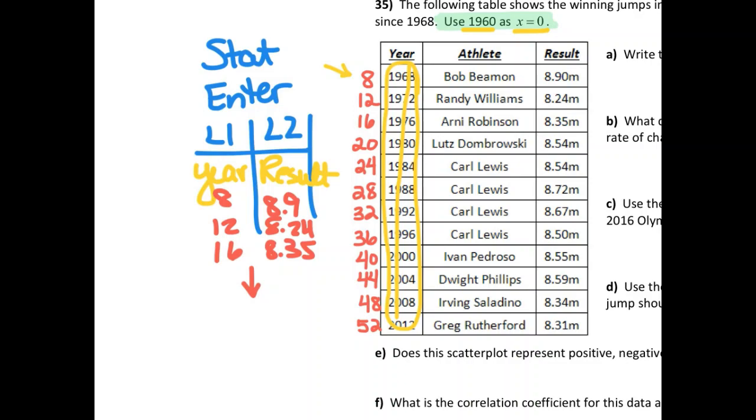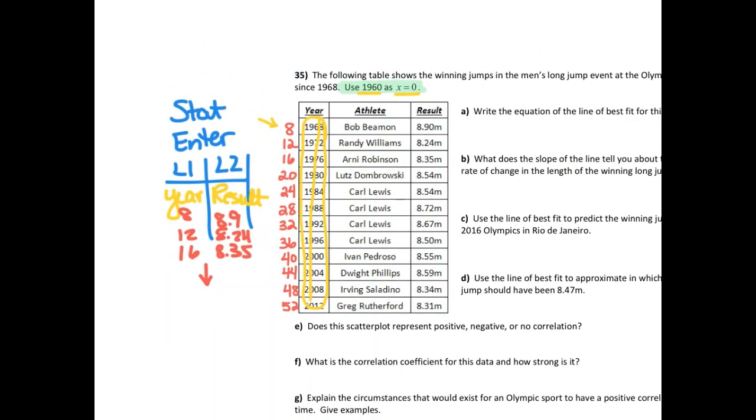Now, before you can answer part A, which says write the equation of the line of best fit, you actually need to look at the graph of the scatter plot without the line.